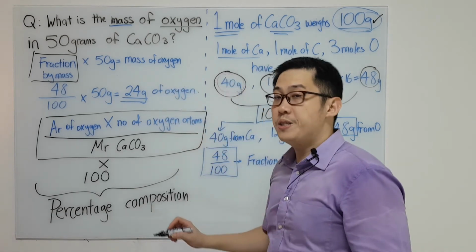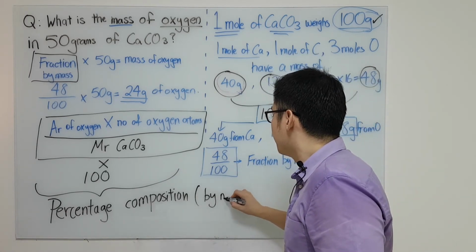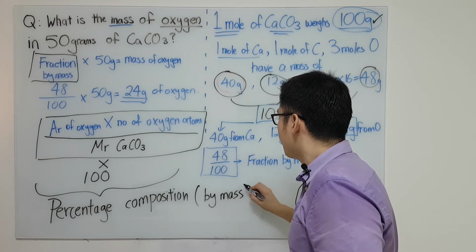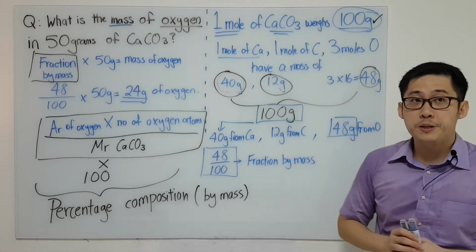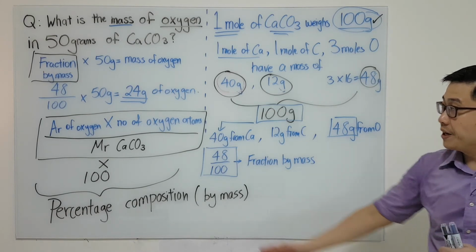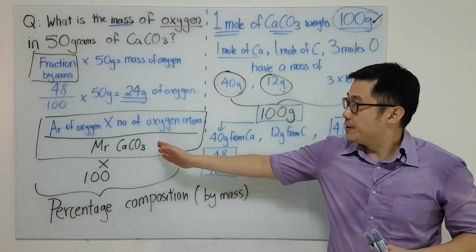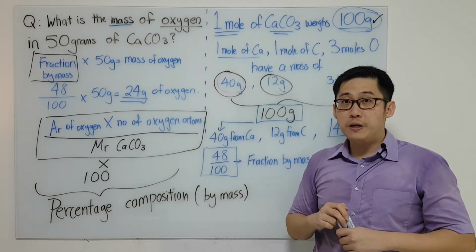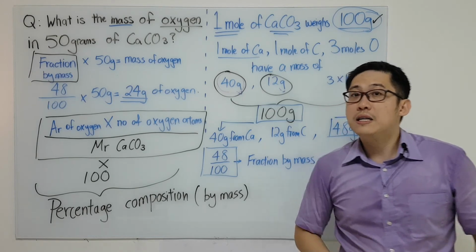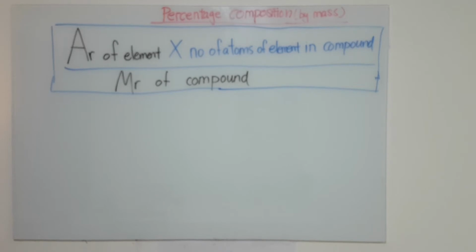To be more precise, it's percentage composition by mass. Take some time to think through this while I rewrite the equation for you. Based on this equation, if I were to rewrite this in a general sense, it would look something like this.